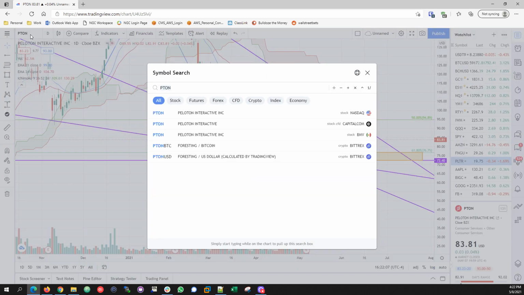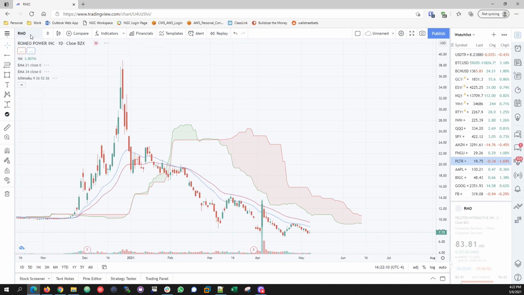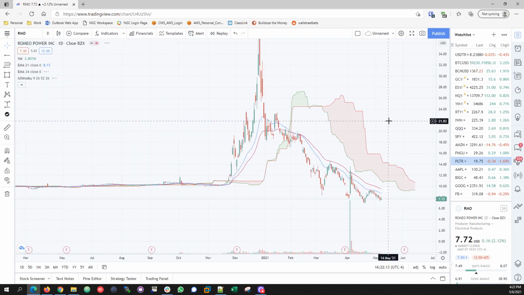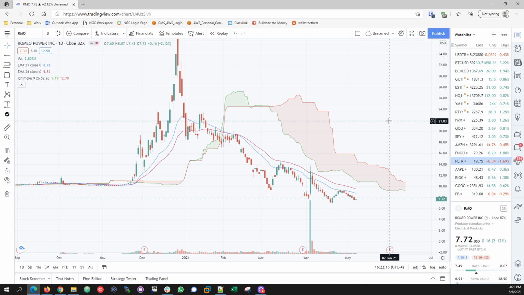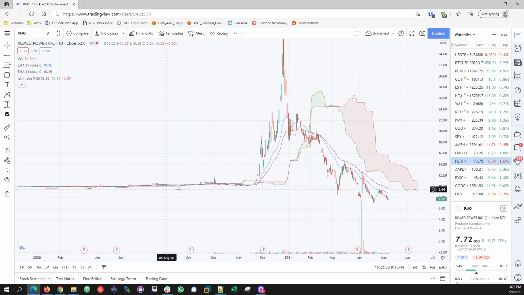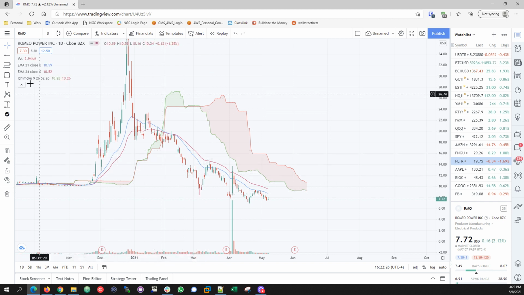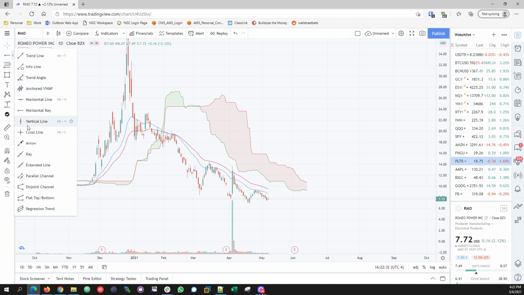Next stock is RMO. Let's take a look at this. I don't think I ever charted this. Obviously, it might have been a merger off of a SPAC because I see like a $10 range for some time. Most of the SPACs are in the same situation right now. They have been killed.